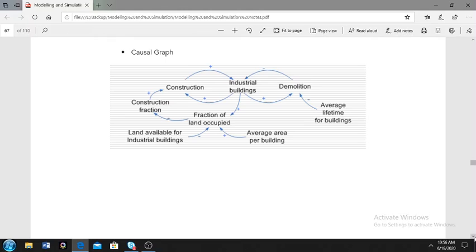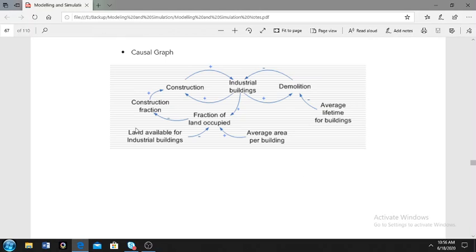Now let's have an example here. This is an example of a causal graph. We said everything is not stock and everything is not flow. The main variables are stock or flow, but the rest are auxiliaries.